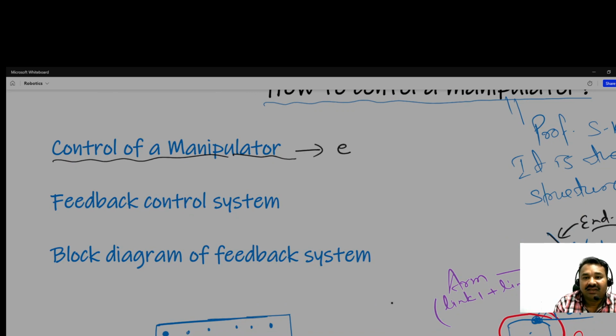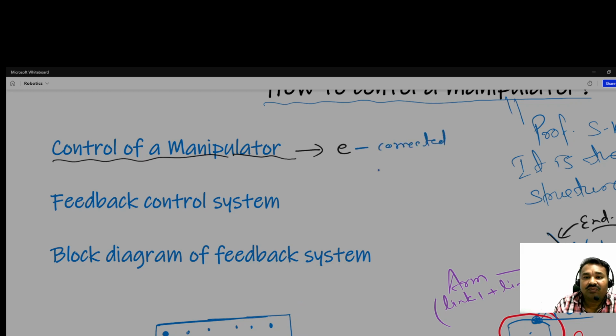The error is either amplified or its magnitude is reduced, as per requirement. The error is corrected here.